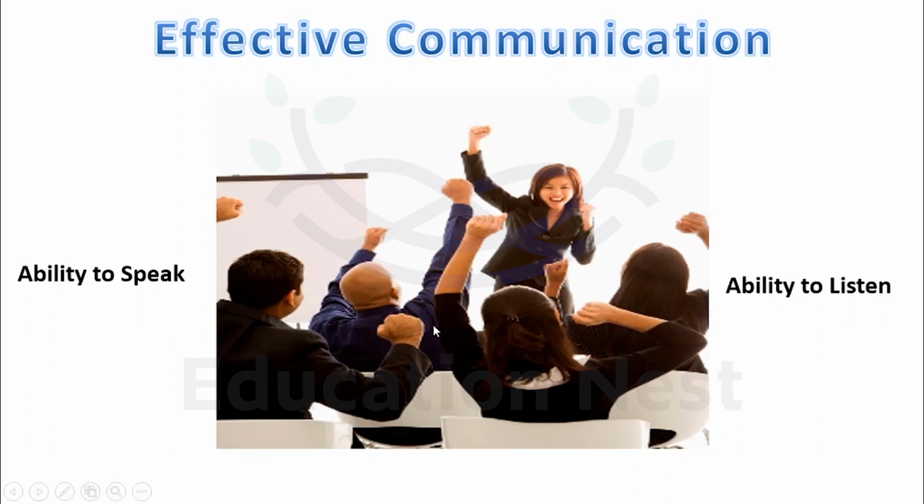Now, there could be many reasons for which I am not able to achieve this effective communication, or my communication is not successful and it's a failure. It's not a proper or effective communication. Reasons could be many, and such reasons are called barriers to effective communication.